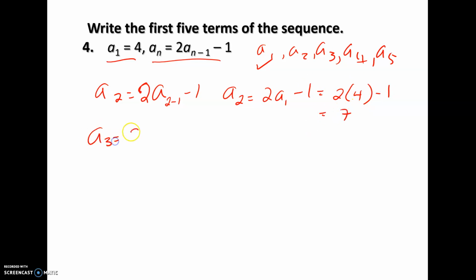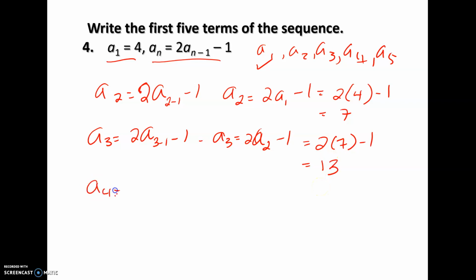If I want a sub 3, it's 2 times a sub 3 minus 1, which becomes, you write it over here, a sub 3 equals 2 times a sub 2 minus 1. And then a sub 2 we know is 7, so it's 2 times 7 minus 1, which is 13. A sub 4. And I'm going to stop writing this.